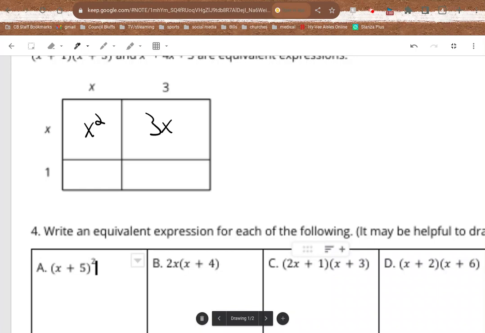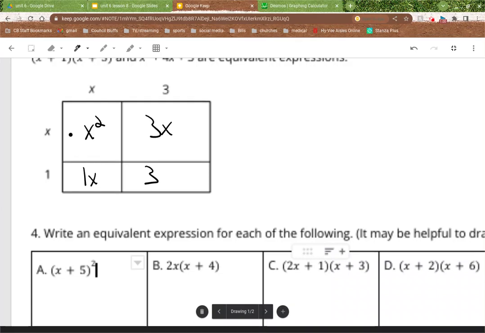And then the bottom left is going to be 1 times x, which is 1x, or just x. And this last one is going to be 3 times 1, which is 3. And if I put this together, I get x squared.